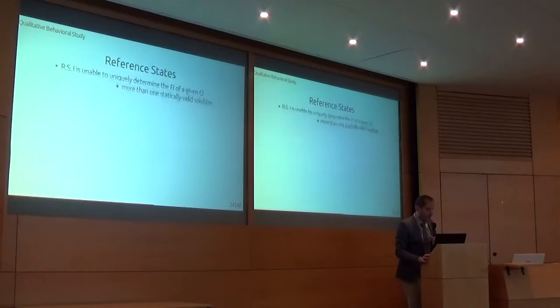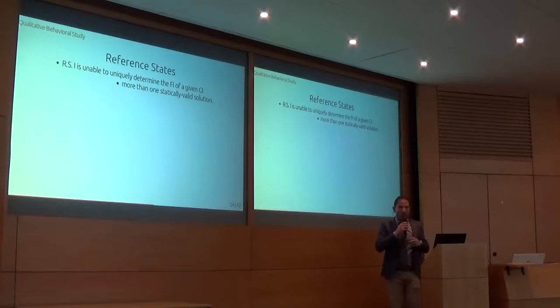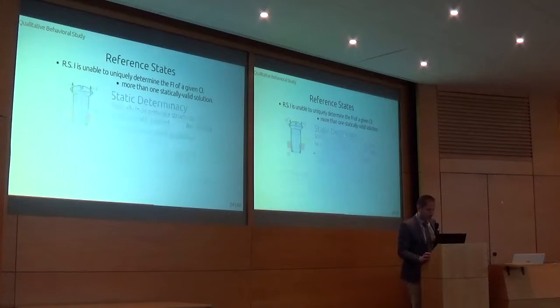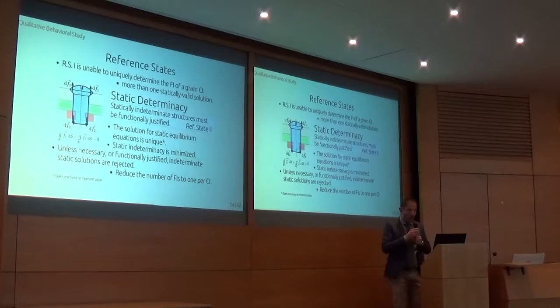However, ambiguity still remains because of conventional interfaces that still have multiple statically valid functional interfaces. To this end, reference state 2 provides the necessary criterion to select the appropriate functional interfaces when multiple static solutions coexist. Reference state 2 considers the product as in operation.